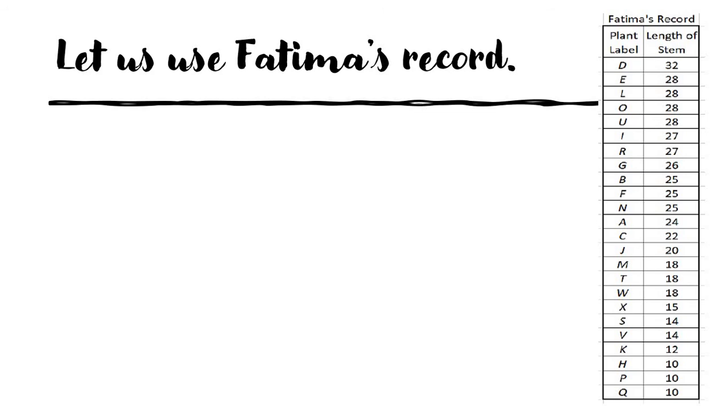So, si Fatima, ang ginawa niya, inuna niya yung highest to lowest. So, yung leading digits natin dito ay, for this example, yung mga tens. Yung 1, 2, and 3. Diba? And yung trailing digits ay yung mga ones. Yung mga dulo.